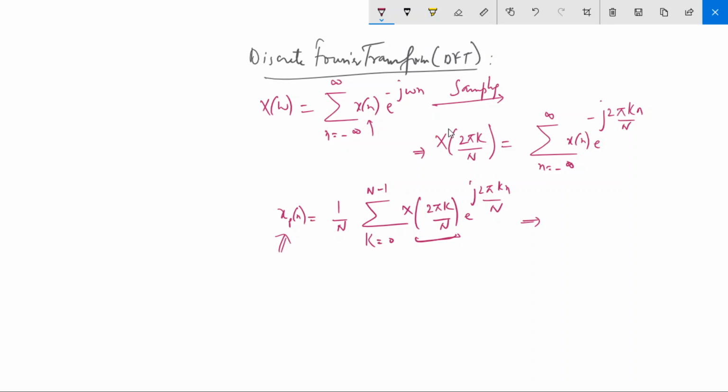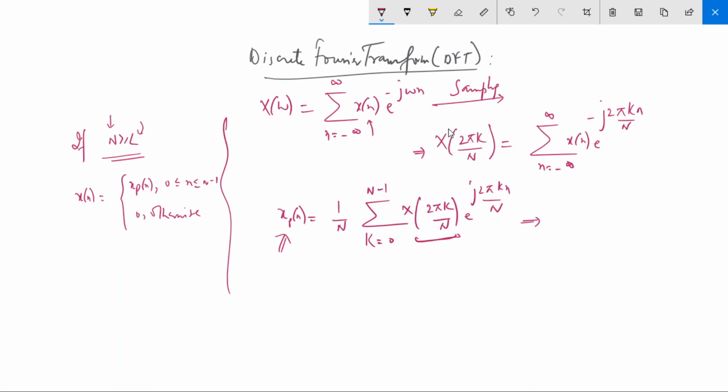Okay, and we have also seen that if your N, the number of samples that you take, is greater or equal to the length of the signal, in that case your x(n) will be the same as xp(n) between 0 to N minus 1, otherwise it is 0.